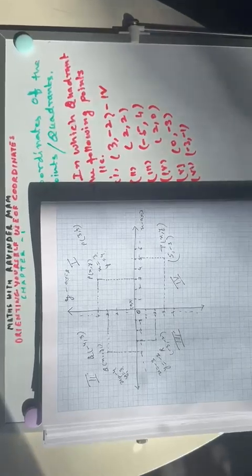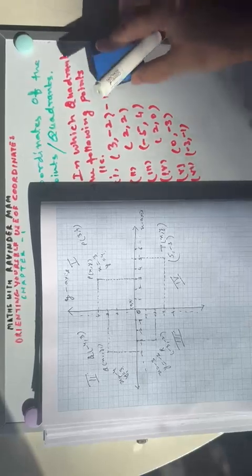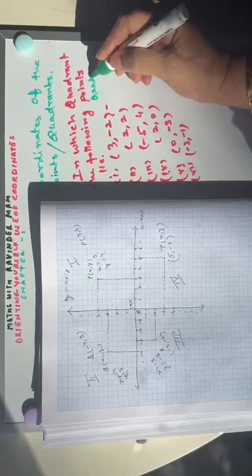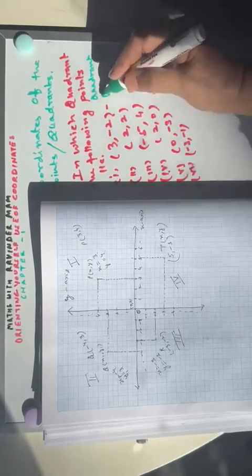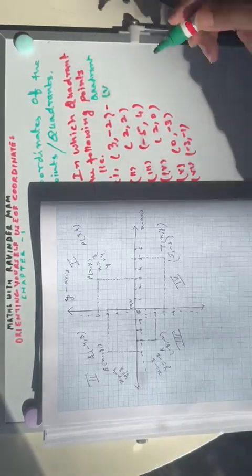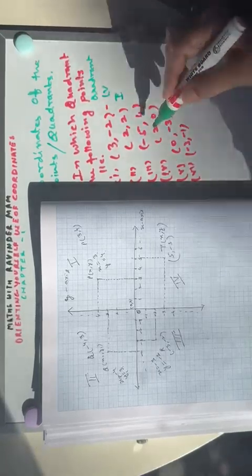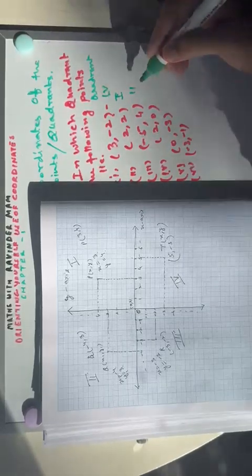Let me change the pen color. And 2, 2: both positive, first quadrant, and minus 5, 4: X negative, Y positive, second quadrant.